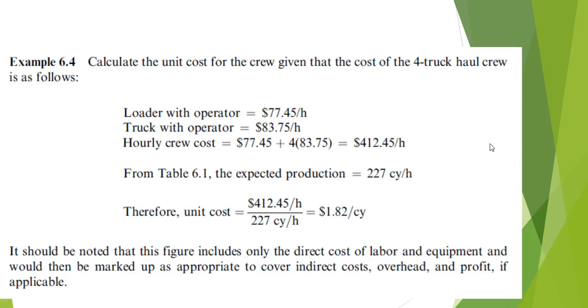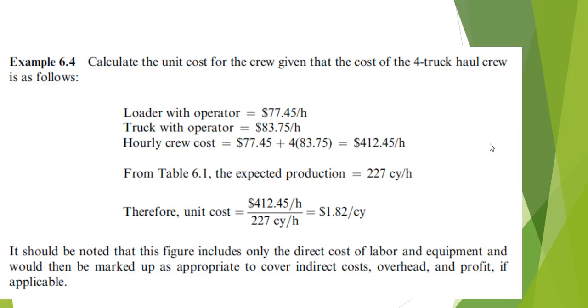For example, if you want to calculate the unit costs for a crew given the costs of the 4-truck haul crew, if you have a loader with an operator, it's $77.45 an hour. And you have a truck with an operator, it's $83.75 an hour, which is probably a little high.